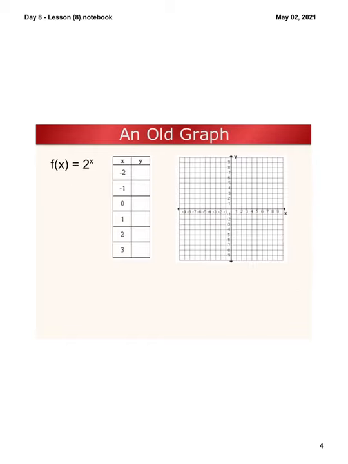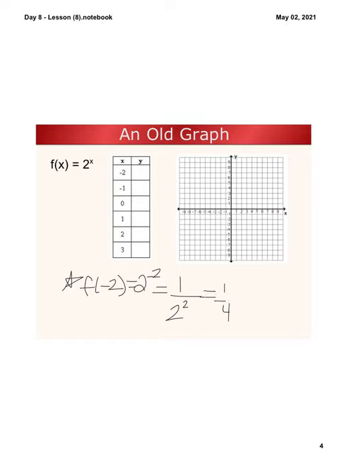All right, so we have an old graph, f of x equals 2 to the x. I'm going to go ahead and fill this in for you. Just as an aside, I'll do some of the work down here. If we have f of -2, that means we're going to do 2 to the power of -2. Thinking about these exponent rules, that means 1/2 to the positive 2.